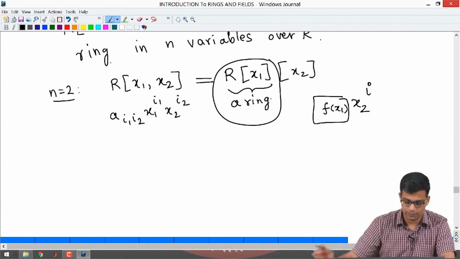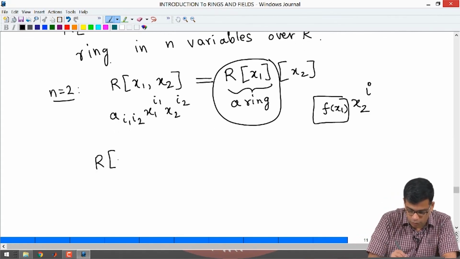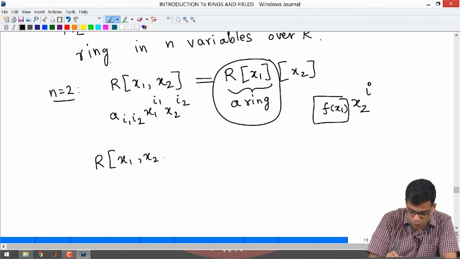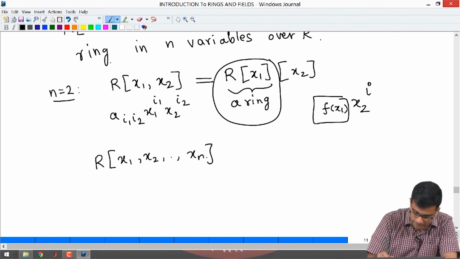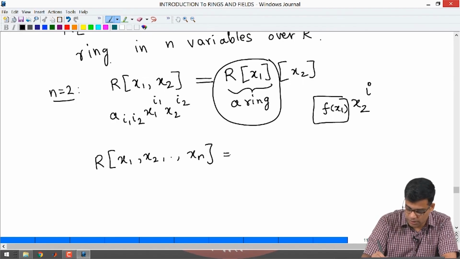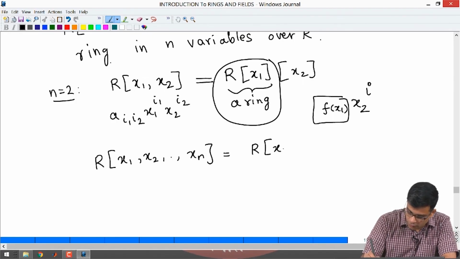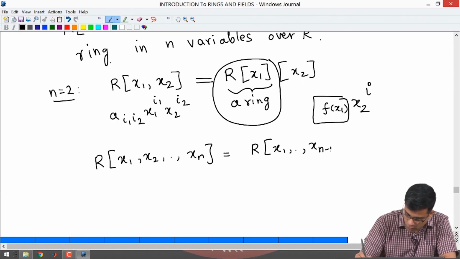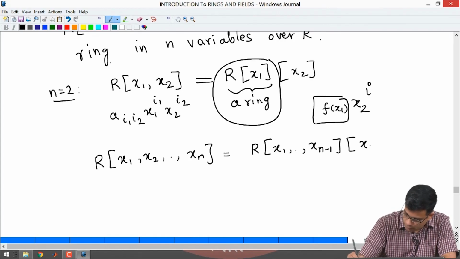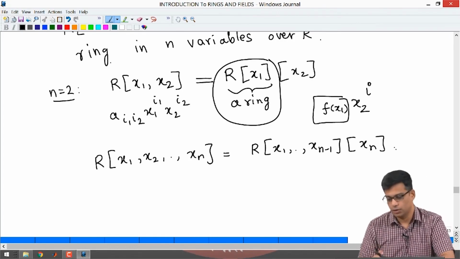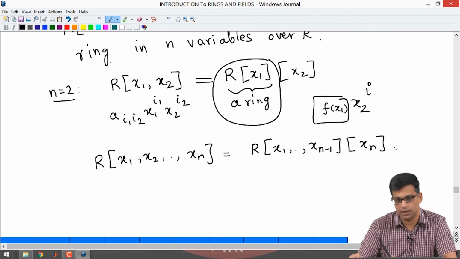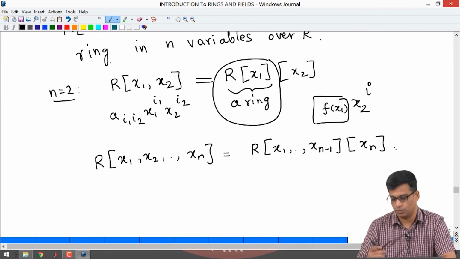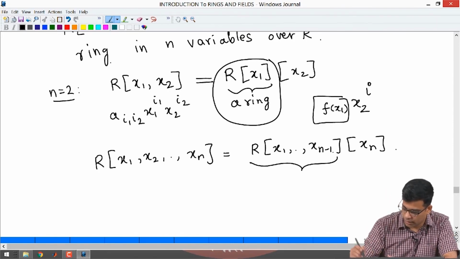Similarly, if you want to understand R[x1, x2, ..., xn], the polynomial ring in n variables, this is nothing but you first consider the polynomial ring in n minus 1 variables and you add one variable. So, this is just adding polynomials in a single variable called xn with coefficients coming from the polynomial ring in n minus 1 variables.